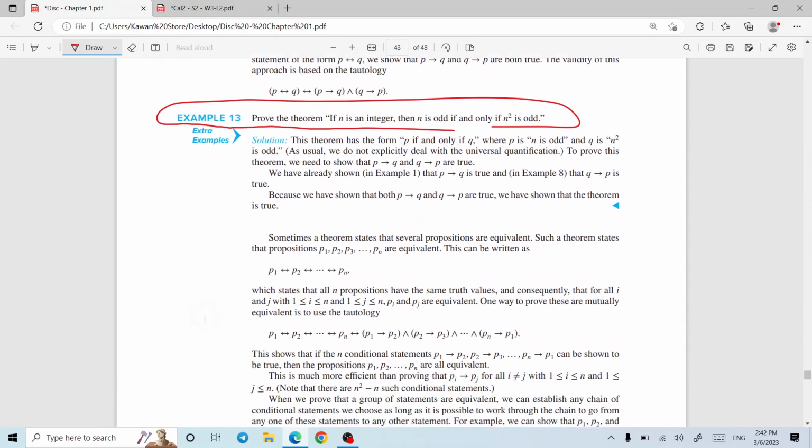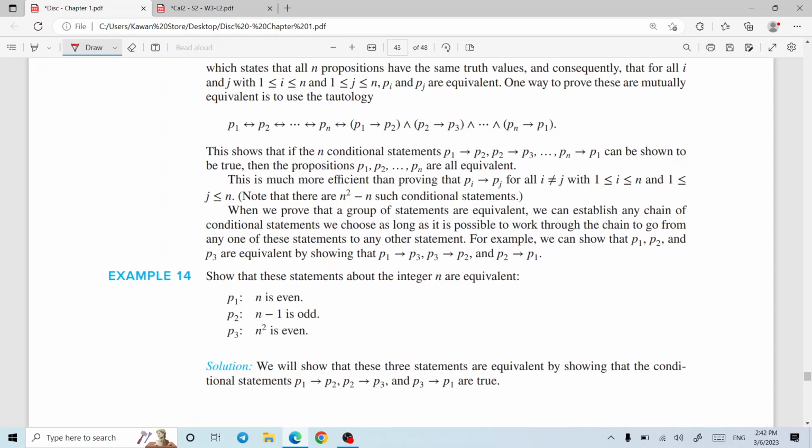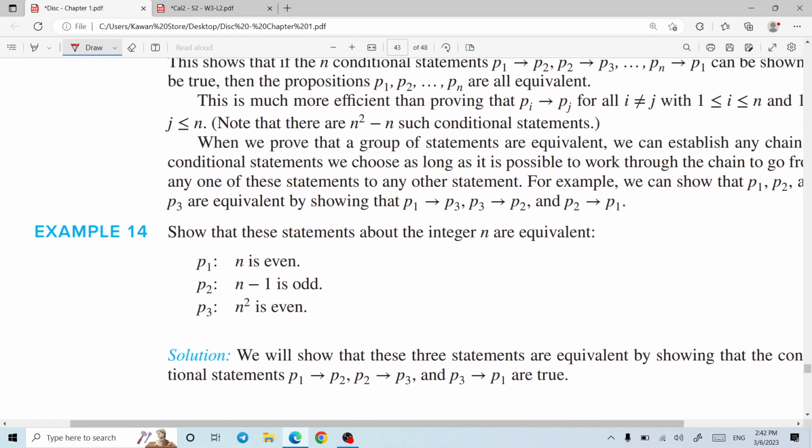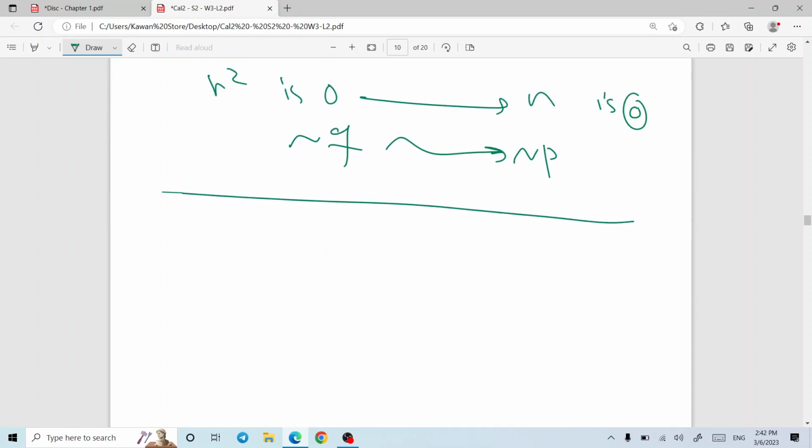Now we have equivalent. What do you mean by equivalent? Look here. We have three cases. If you have three equivalent statements, P1, P2, P3, now I'm going to solve that one together.